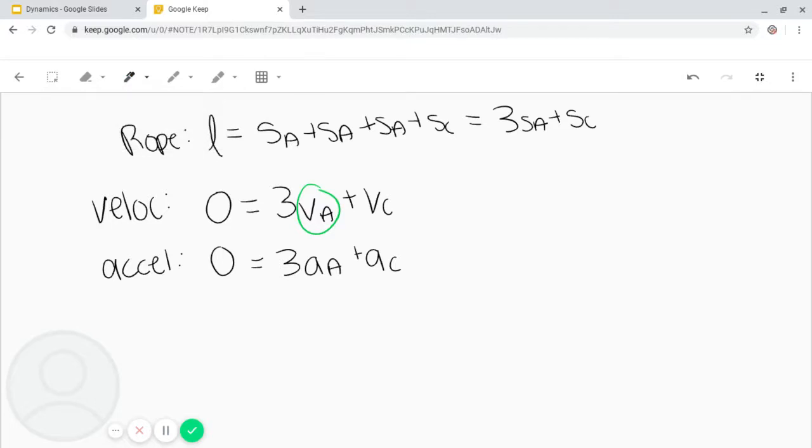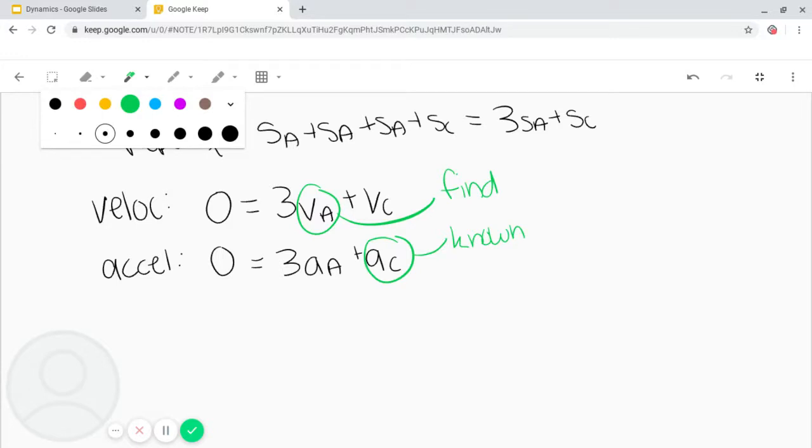Because we know the acceleration, so we need to find this, and we know this. So we want to use the acceleration of C to find the velocity of A. So we can do this by isolating for the acceleration of A.